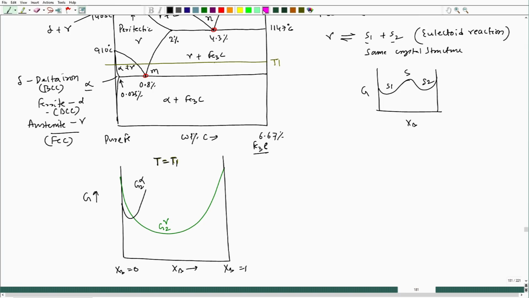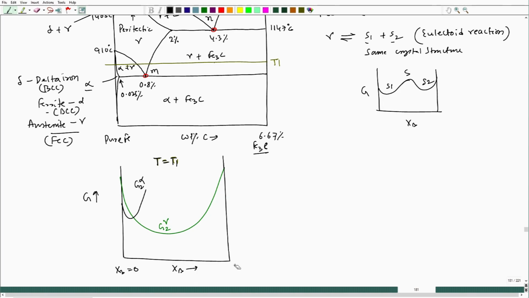Why? Because if we take a perfectly stoichiometric compound, but since perfect stoichiometry is not possible, there will always be a little width in the free energy composition diagram for Fe3C. Here you have to make a change: in this case we cannot consider XB, rather we consider the pure Fe side, percentage of carbon, and here 6.67% carbon, because Fe3C has a composition of 6.67 weight percent carbon.